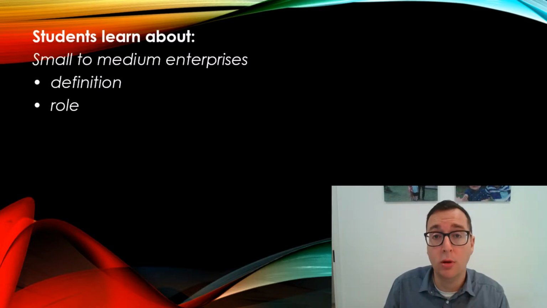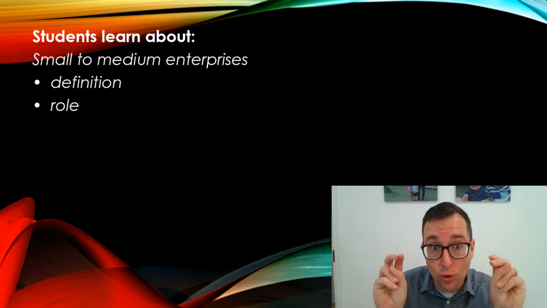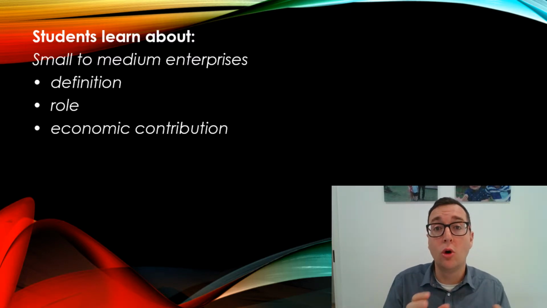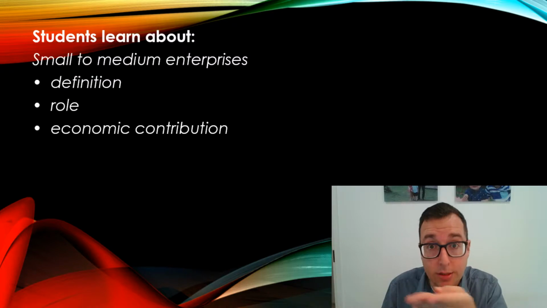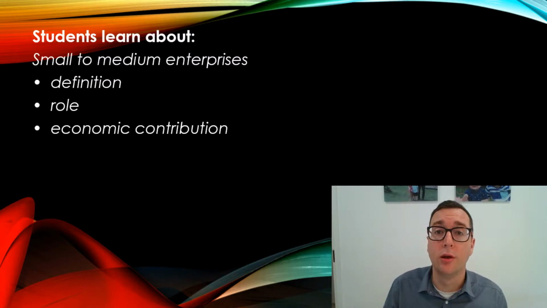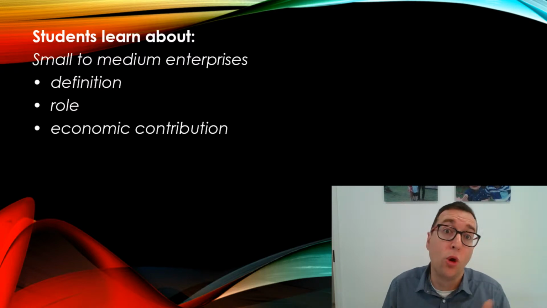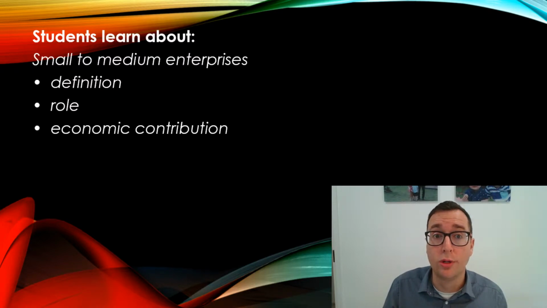What's its job? What is an SME there to do? We look at the contribution that an SME makes to the economy. What economic contribution do these small to medium enterprises make to the Australian economy? Balance of payments, GDP, employment opportunities for Aussies, what do they do?